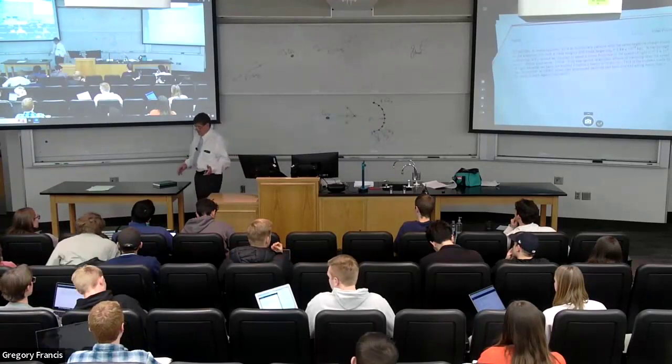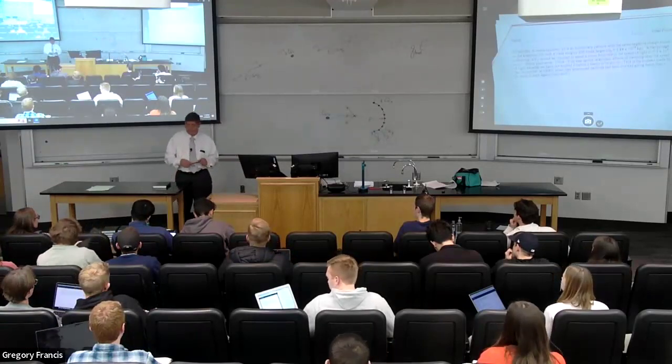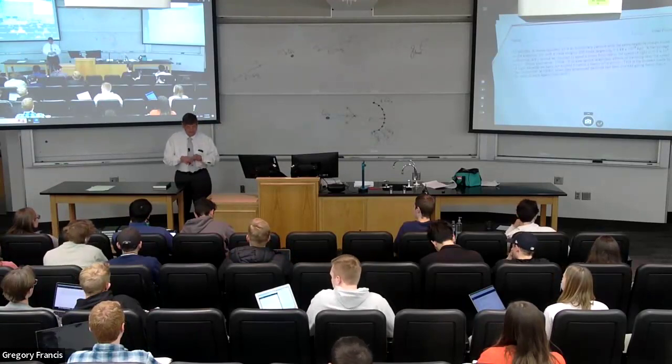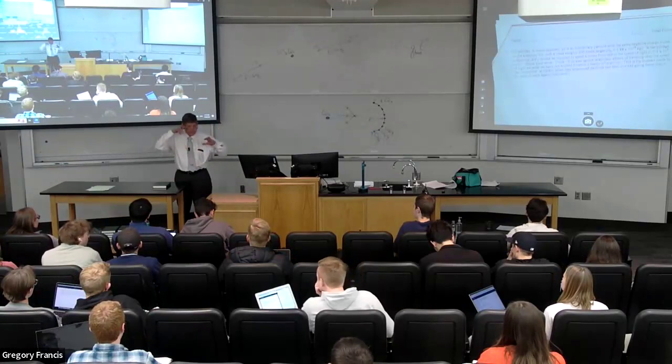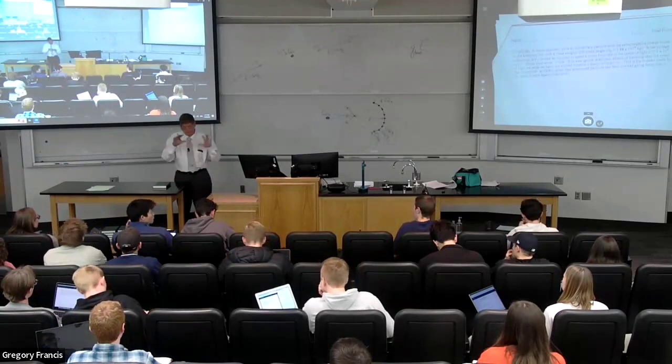It turns out that, for me, the biggest evidence is your GPS. If you use a GPS machine, it takes into account Einstein's theory of relativity, and I'll explain that when we get towards the end of the semester.